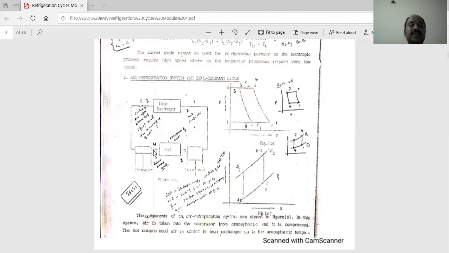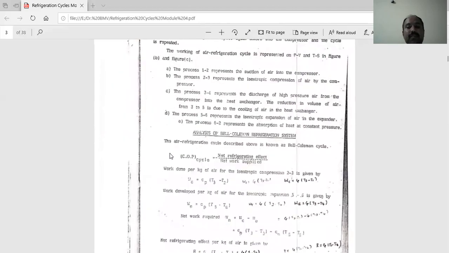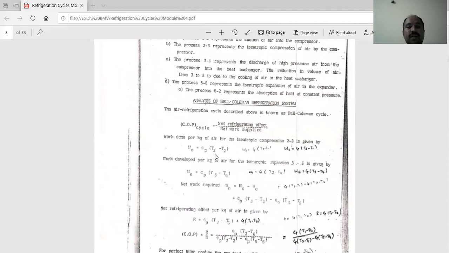Here the expander reduces the pressure, and low-pressure, low-temperature air is passed to the refrigeration system. Here absorption of heat takes place, producing a cooling effect. This is the working principle behind the Bell Coleman cycle. Next, we have to calculate the COP of the cycle: net refrigeration effect divided by work supplied.